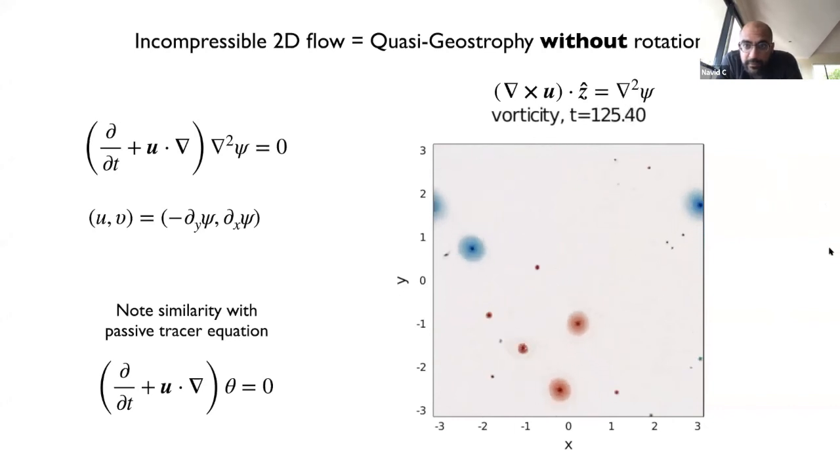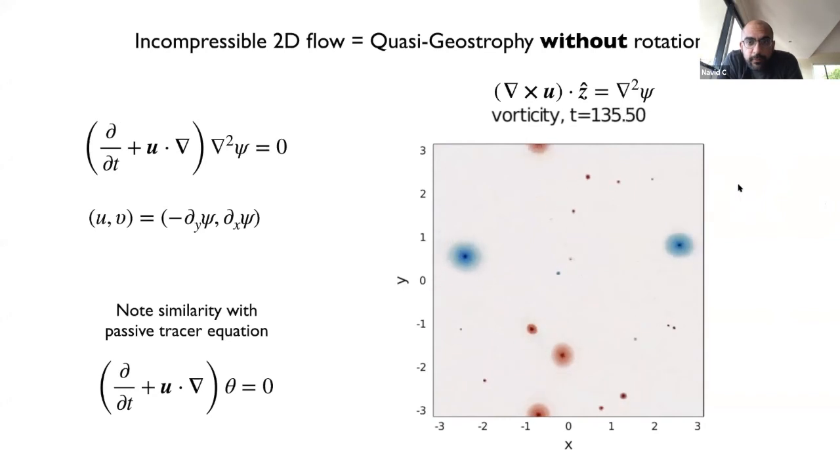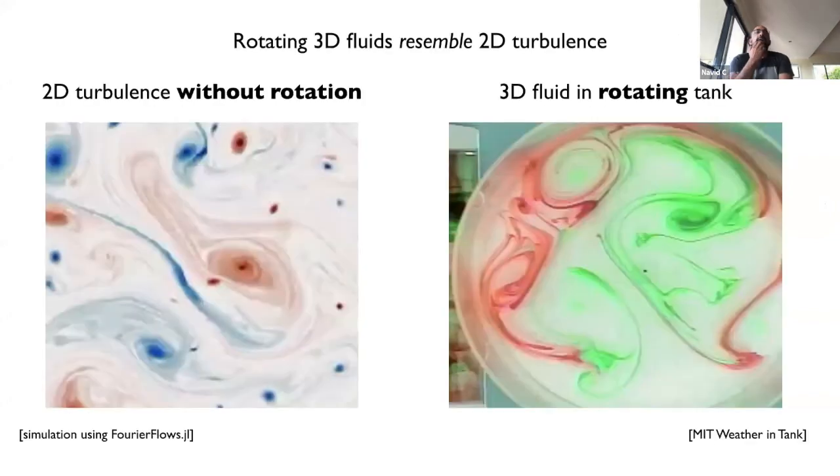Now, what does this have to do with rotating fluids? If you take a snapshot of that video, you will see that 2D turbulence has this property that positive and negative vorticity tend not to mix well.